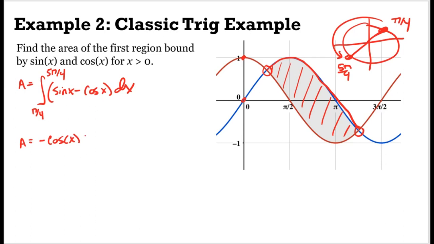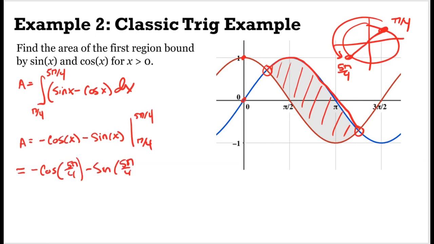The antiderivative of negative cosine is negative sine. And we put our bounds up here. I use lots of brackets to keep my f of b and my f of a organized.